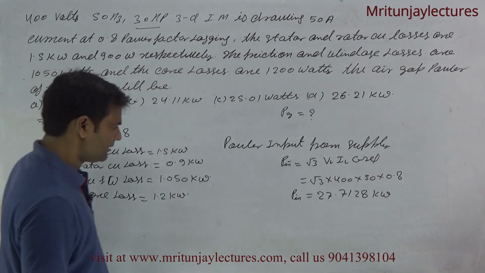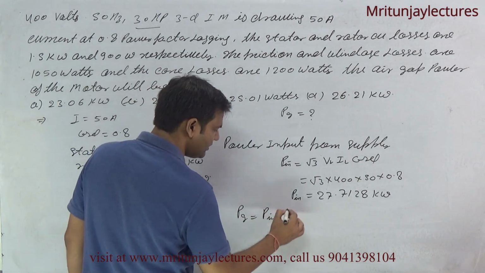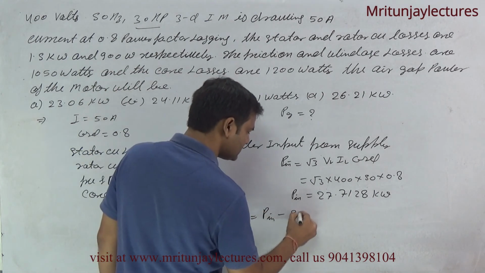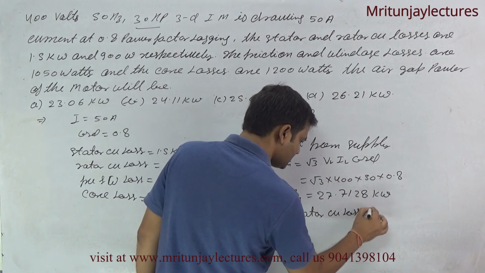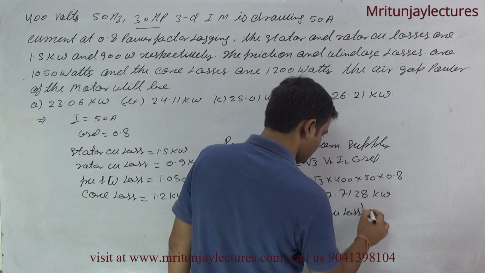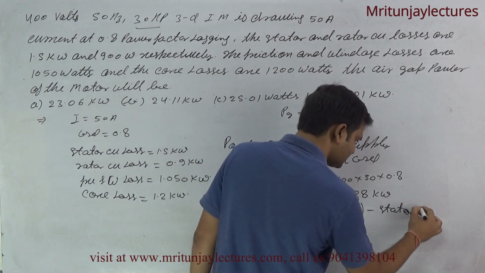Now the air gap power PG is defined as P input minus the stator copper loss plus the stator core loss, or iron loss.